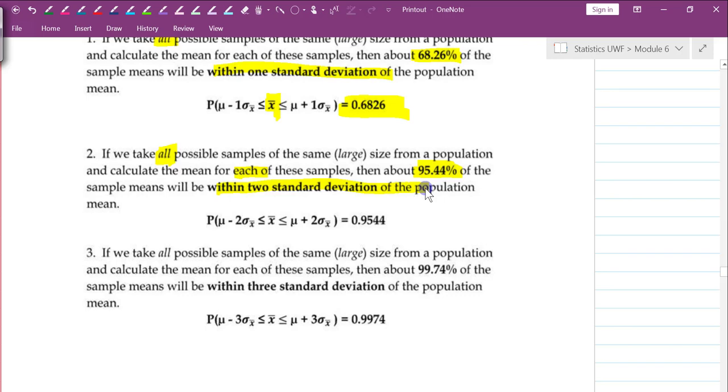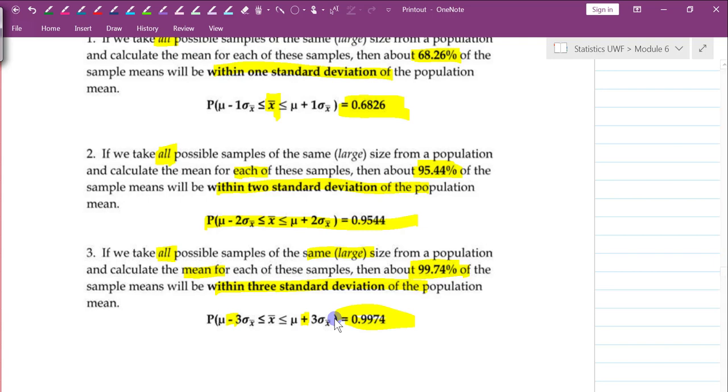If we take, again, all the possible samples of a large size, and we calculate the mean of these samples, and again, the sample size must be large, at least 30 or larger, then we know that 99.74% of the sample means will be within 3 standard deviations, plus or minus, of the population mean. That is very, very important. Very strong theorem, very important foundation for statistics.